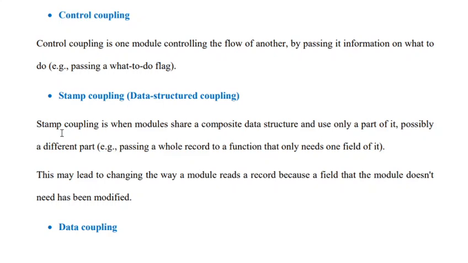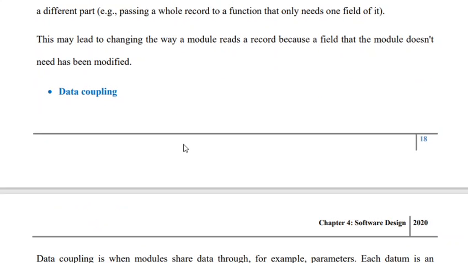Next one is stamp coupling. Stamp coupling is a situation where a module depends upon another module for a composite data structure like an array or a record. Now data coupling.